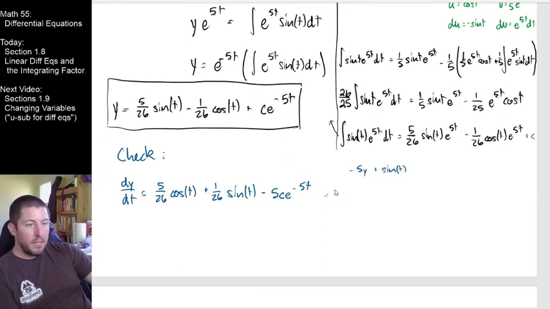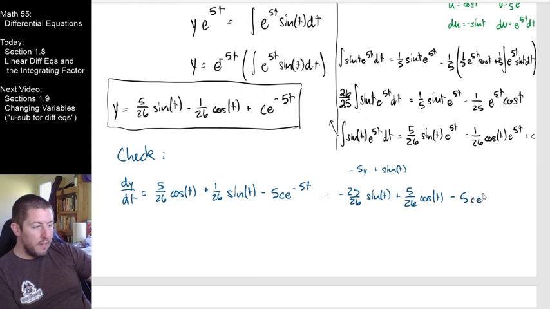And here that means I'm going to get negative 5 times this, which is negative 25/26 sine t. Negative 5 times this is positive 5/26 cosine t. And negative 5 times y is going to give me a negative 5c e to the negative 5t, and then plus sine t.